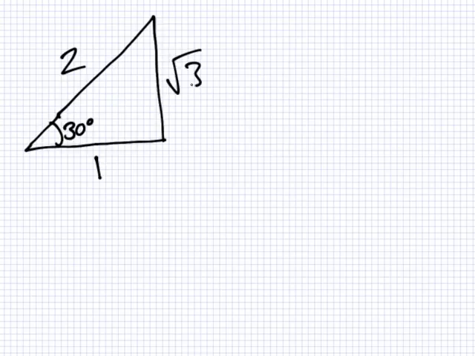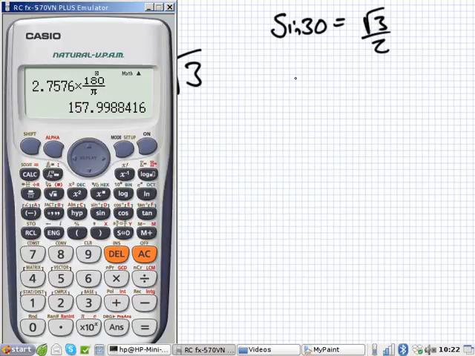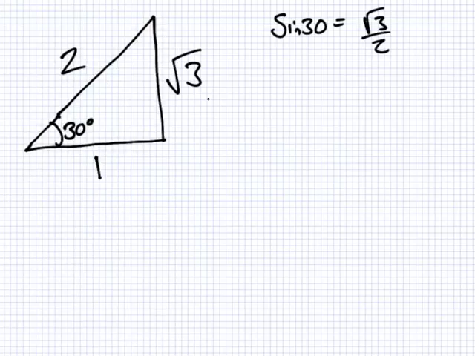Anyways, it doesn't matter where this triangle came from. I'm just giving you this triangle. What's sine 30 if you look at this triangle? It'd be root 3 over 2. If you take out your calculator and type in sine 30, no, that's wrong.